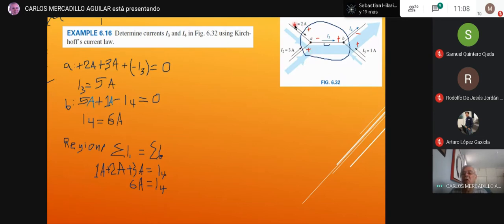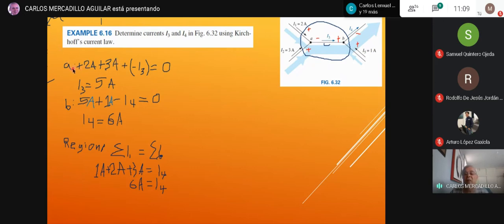I1 is coming into node A. So we'll put here a positive sign. Okay. I2 also is coming into the node A, and we put also the positive sign. I3 is leaving node A, so we'll put here a negative sign, and then we can do the analysis for node A.